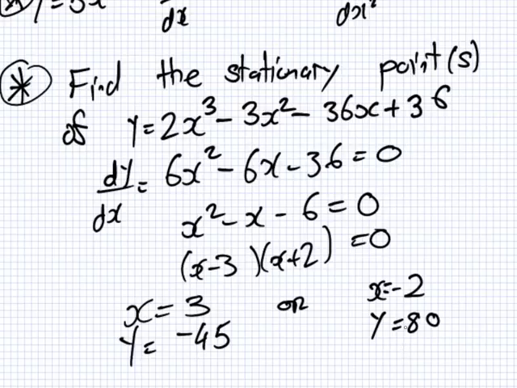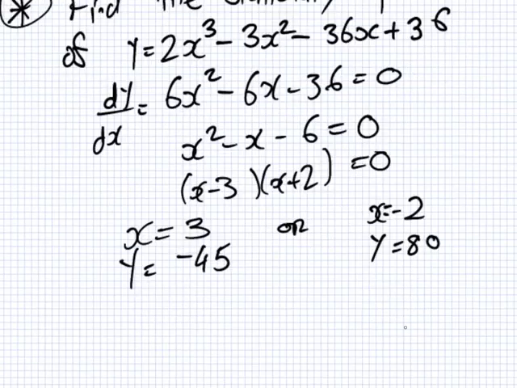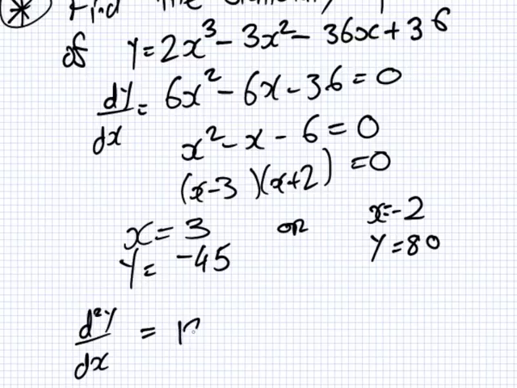Now we don't know which one is the minimum and which one is the maximum. So the way we decide is with the second derivative. So the second derivative, the derivative here, would be 12x minus 6.